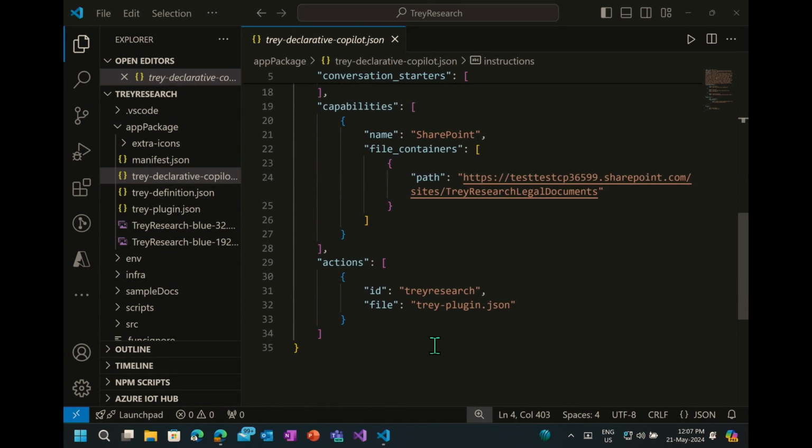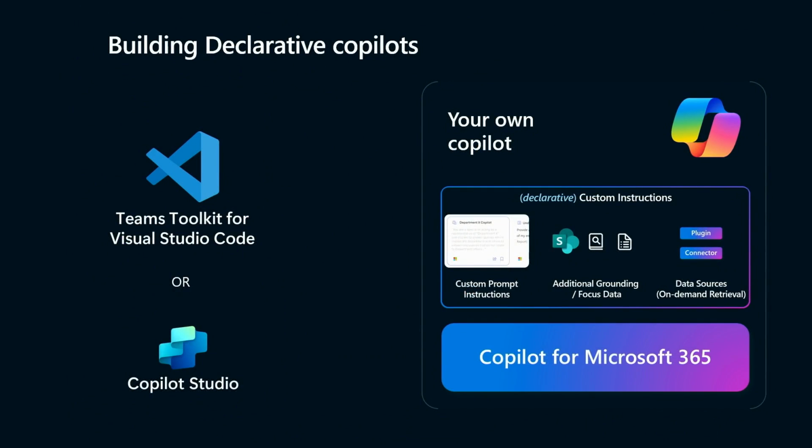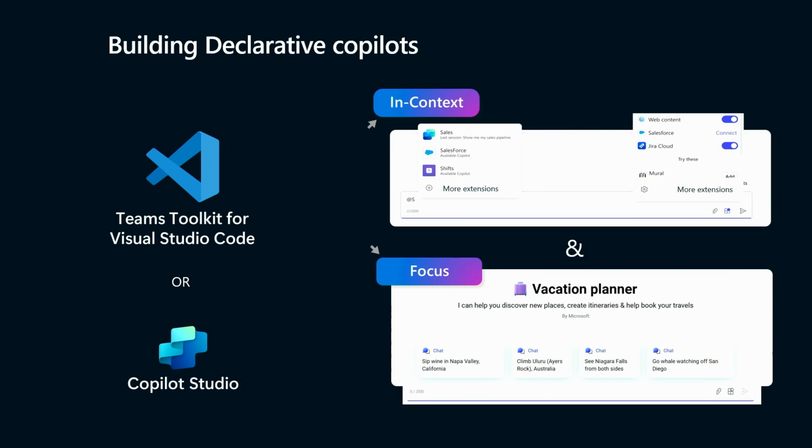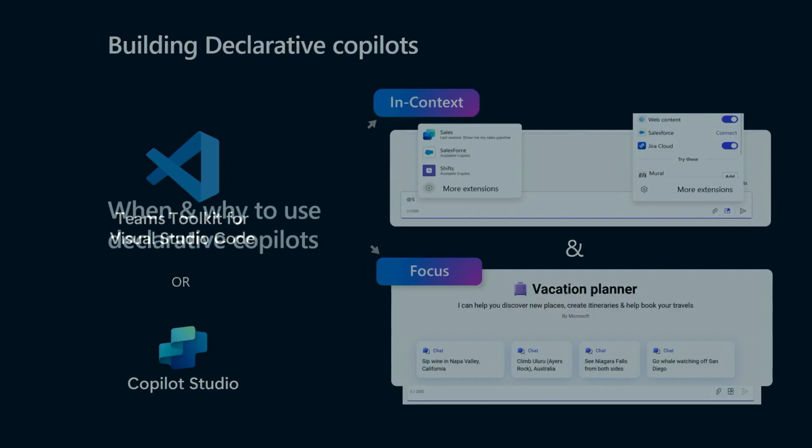And then the actions is effectively a plugin that I've encapsulated into this particular declarative Copilot. Now, these declarative Copilots, obviously, you can build them through VS Code or through Copilot Studio. The beauty of it is they can appear in context and in your focused immersive experience as well.